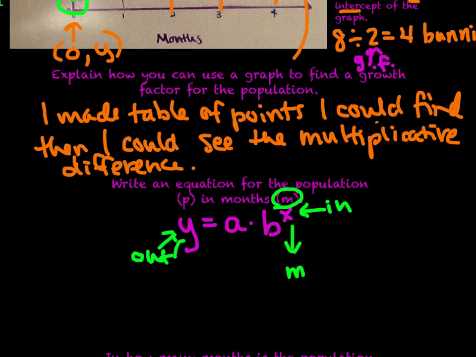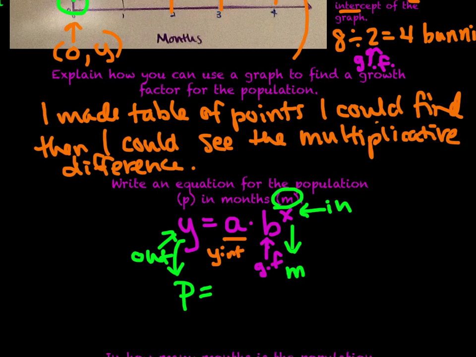Our output, y, what do we get out of this equation every single time? Well, we find out what the population of the bunnies are, and that's really exciting. So y, our output, is our population, our input is m months. So now we need to figure out what our initial value is, our y-intercept, and we also need to figure out our growth factor.